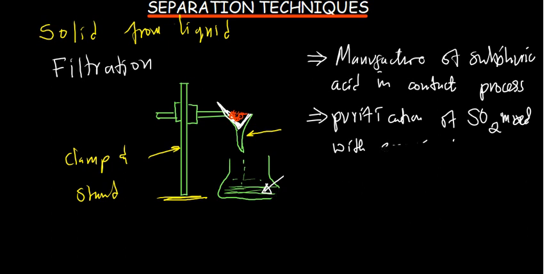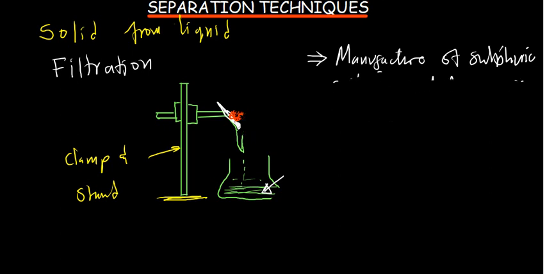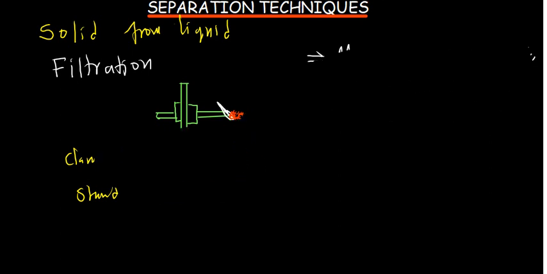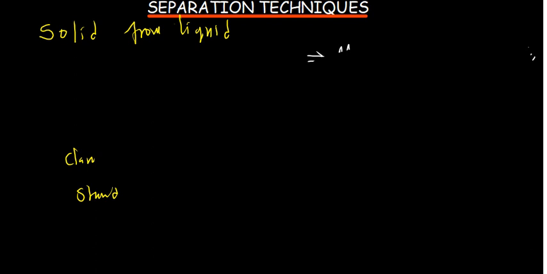So this is one process that we get to understand. Another method that is used to separate a solid from a liquid, apart from filtration, is called decantation.